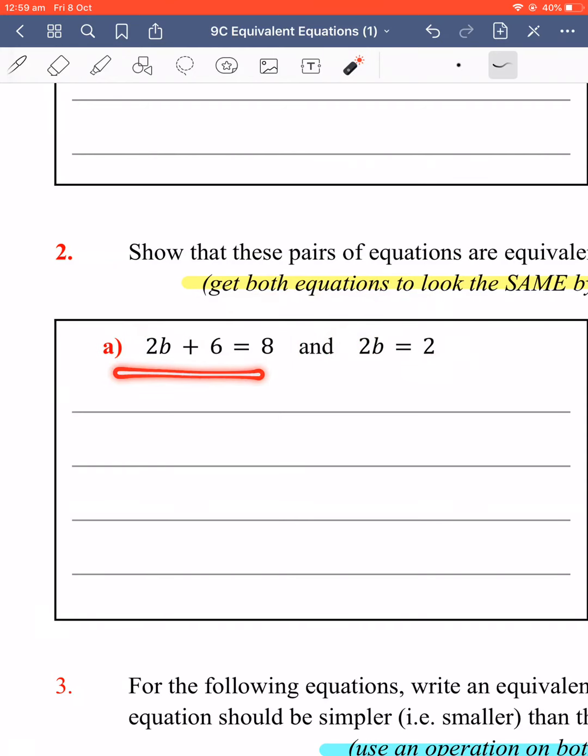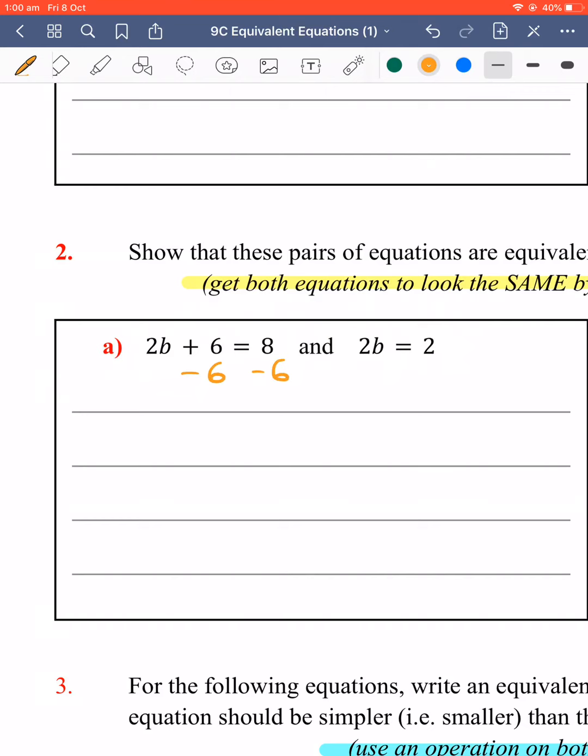So to get from here to here, let's have a look at what we can do. So I can see already 2b is exactly the same, so I'm not going to do anything to that. But I've got plus 6 here and 8, and I've got 2 here. So I'm going to do something with this 6. So let's try minusing 6.